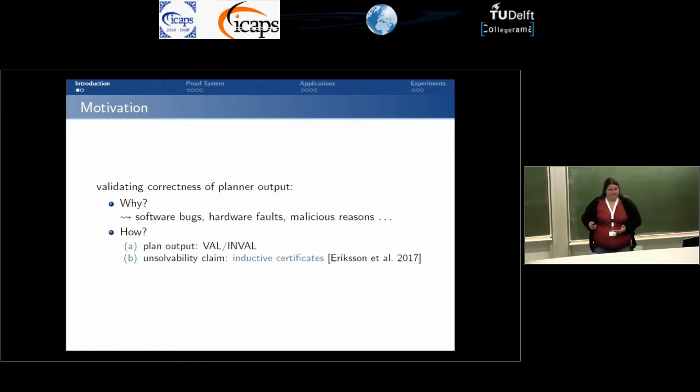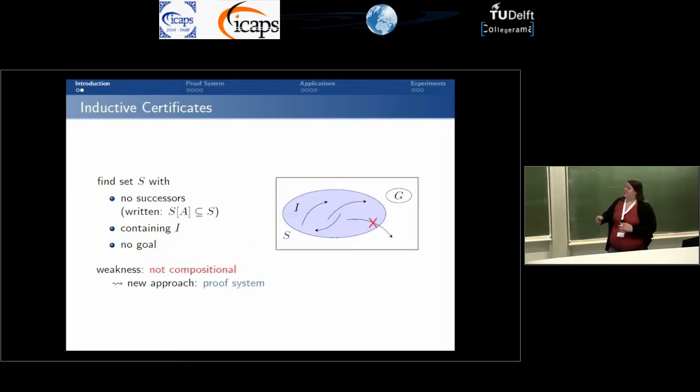Now, if the planner claims unsolvability, then for this, last year we also introduced here at ICAPS the notion of inductive certificates. And this is basically inductive certificates in a nutshell. So the idea is that we try to find a set of states with three properties.